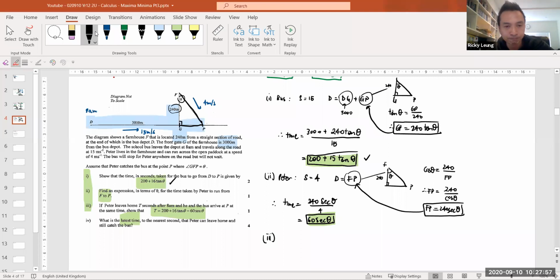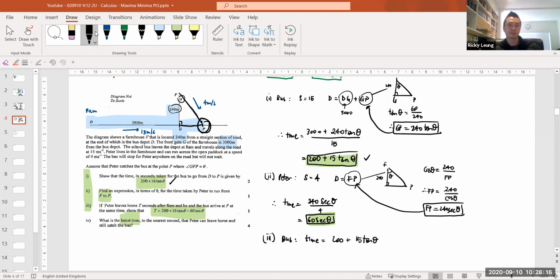I know for the bus to reach this point P, that's what part 1 is all about, the time equals 200 plus 15 tan theta.